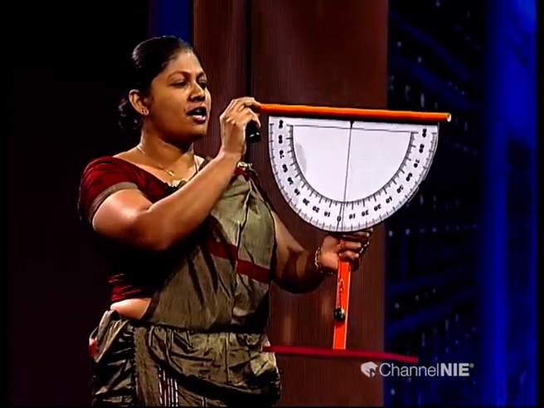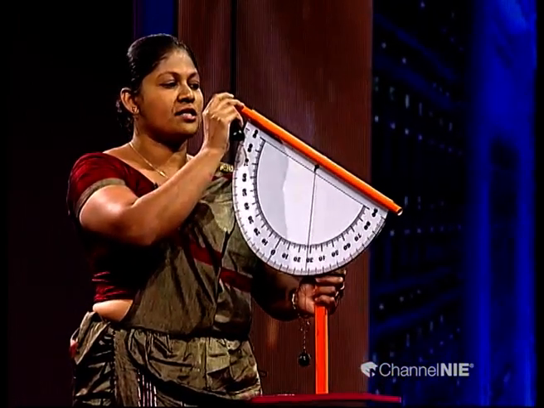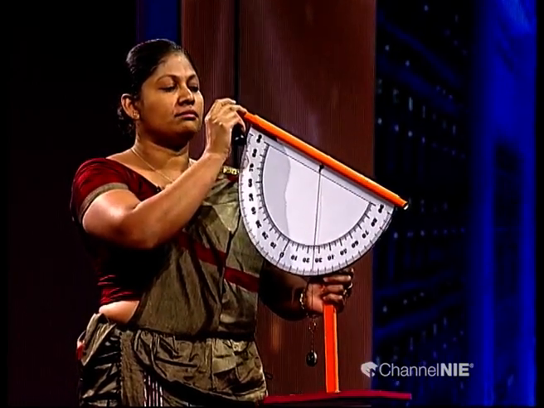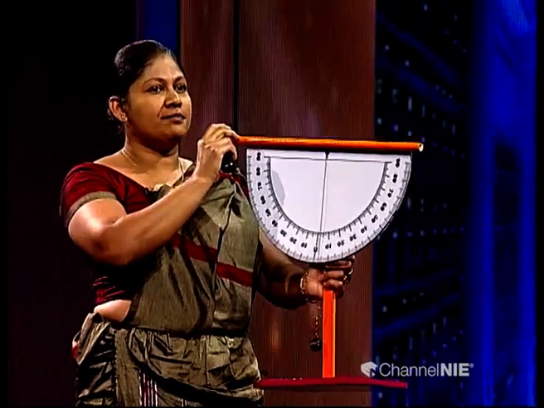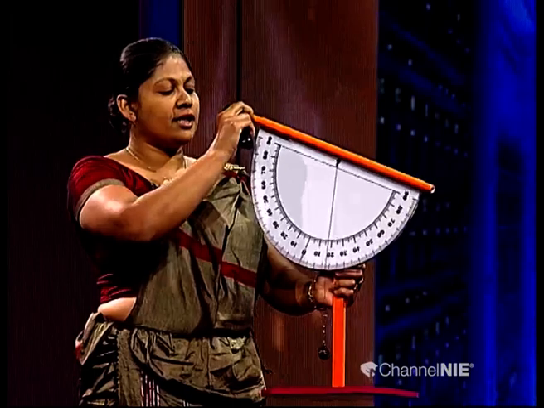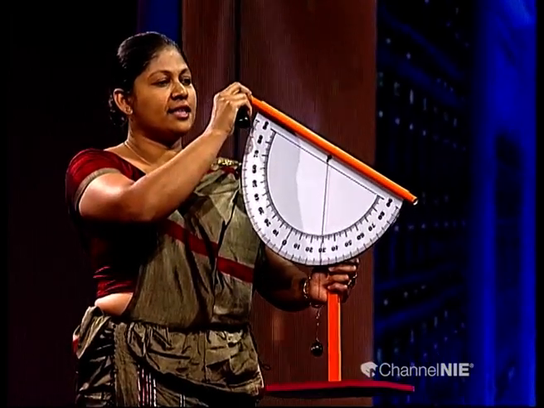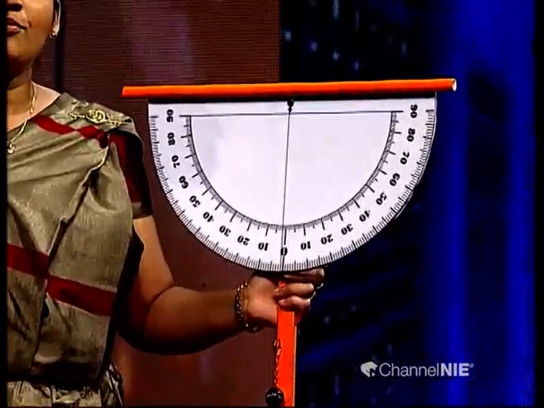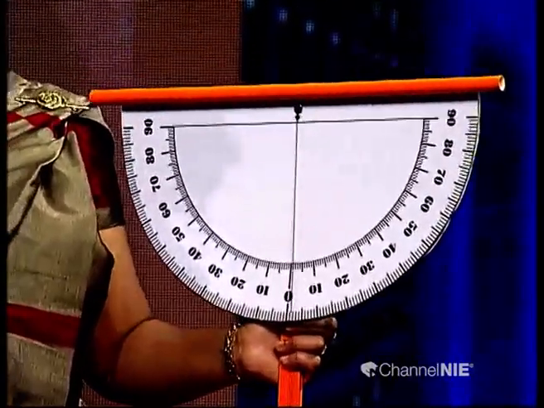So I am looking downwards like this. See, the line of vision is below the eye level. That is the angle of depression. The angle formed in between the zero level and the plumb line. That is the angle of depression here. Okay, I think you understood.